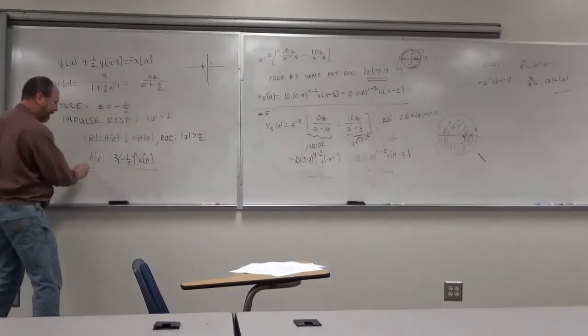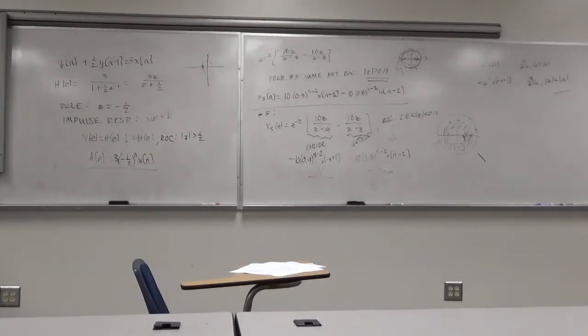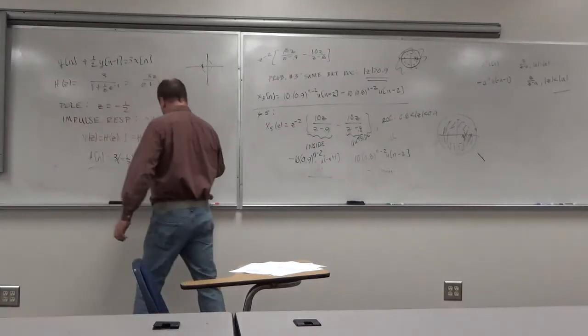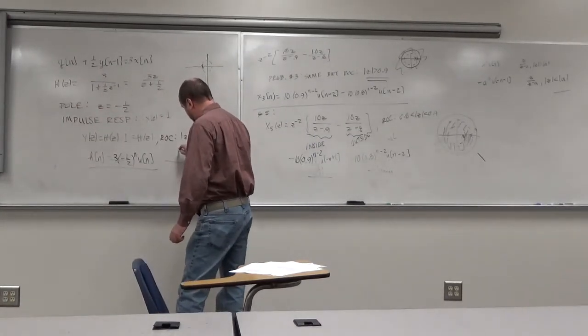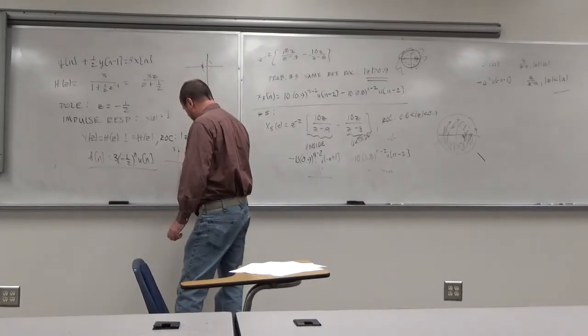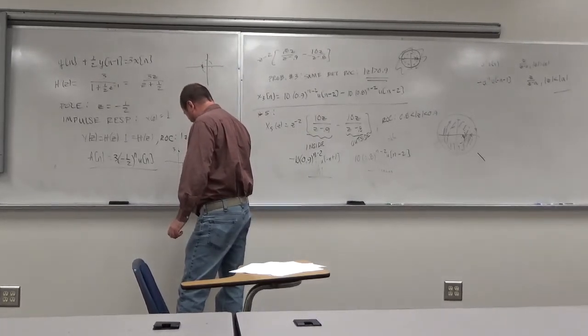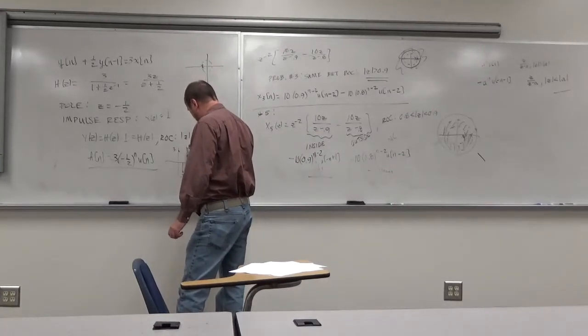How do you feel about that one? Good impulse response? Yeah, why do you say it's a good impulse response? Decays. Decays, right? It goes 3 and then I think it's negative 3 over 2 and then positive 3 over 4 and negative 3 over 8.